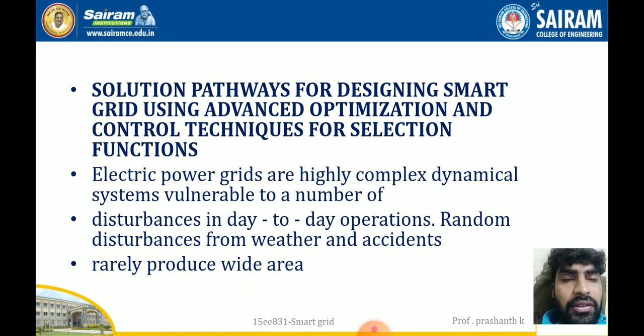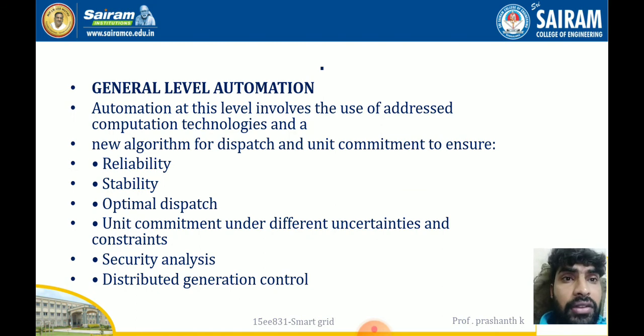So in the pathway design of a smart grid using advanced optimization techniques, at present we have sensor-based and digitalized everything, selection functions, right? And general level automation. Automation at this level involves the use of advanced computational technologies and new algorithms for dispatch and unit commitment to ensure reliability, stability, and optimization. So it's a general level, in the sense a basic level, of automation.